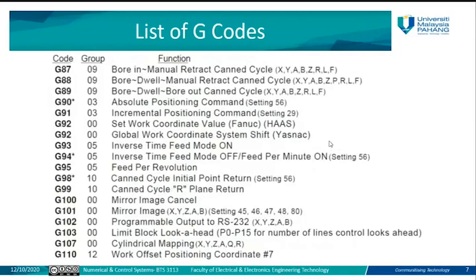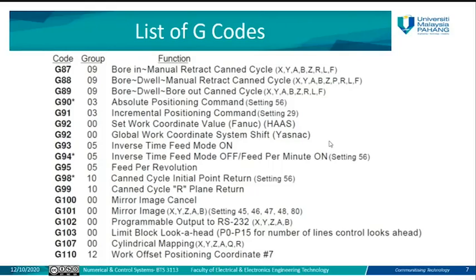As I told you before, not all G codes are used for the same machines. It depends on the type of the microcontroller of the machine. It depends on the manufacturer of the machine. There are some manufacturers or some types of microcontrollers which use some G codes that are not used by other machines. So this depends.